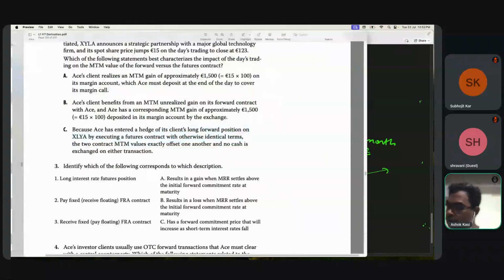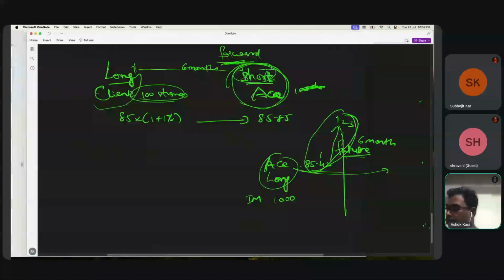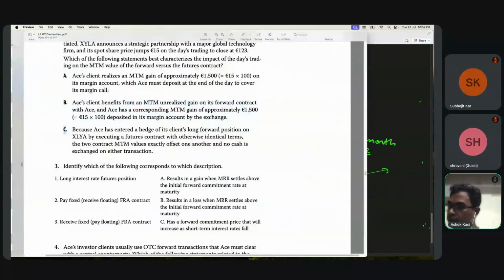So it should be B. It benefits from unrealized gain, and this is right from that particular day's perspective. On that day it is going up by 15, but overall it has gone up highly. So out of these three, only this one is fitting: the client benefits from unrealized gain, and ACE has a corresponding MTM gain. It's B.